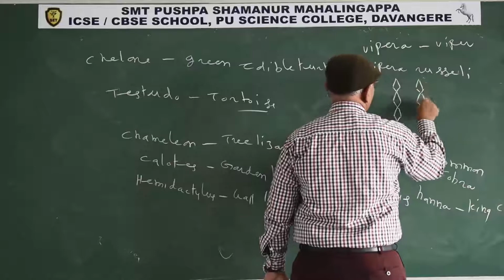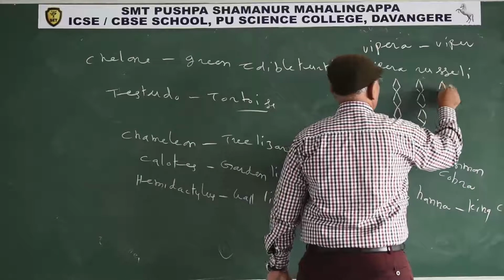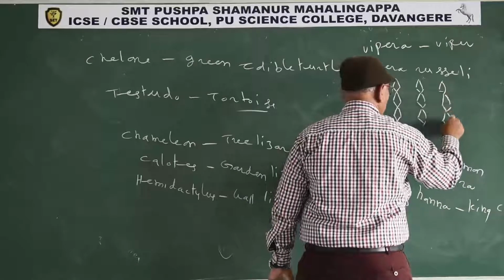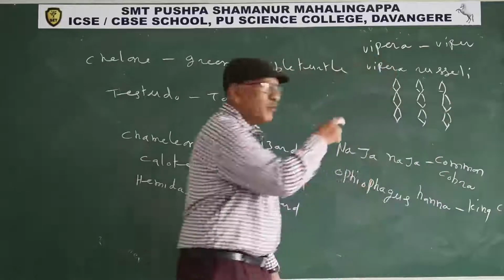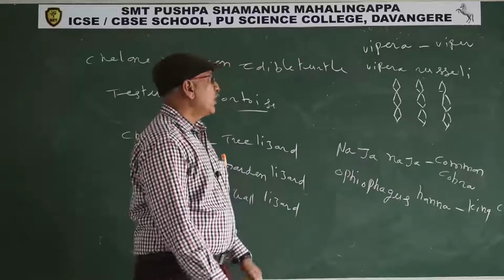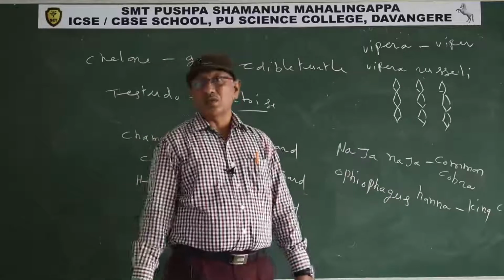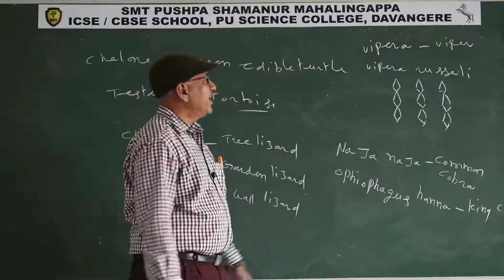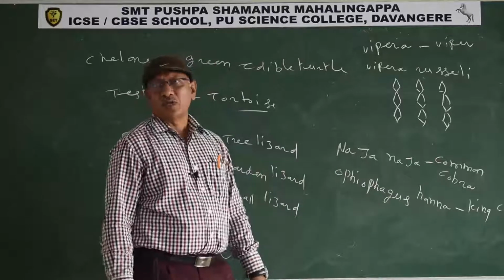Brown color diamond-shaped spots formed 3 rows on the dorsal surface. By observing the brown color diamond-shaped spots on the dorsal surface, we can easily identify it as Vipera russelli.